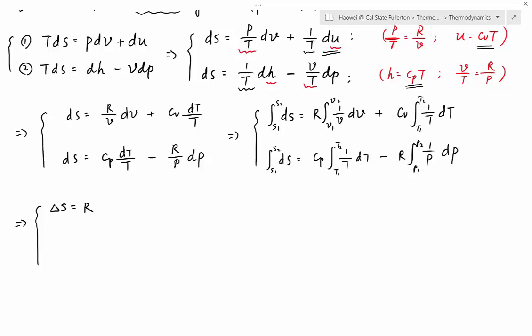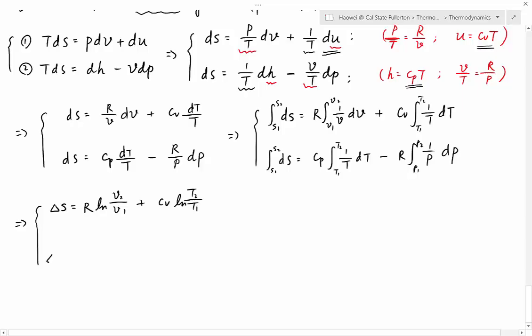Natural log nu from nu1 to nu2, that is natural log nu2 over nu1, plus keep Cv, integral 1 over T dT, that's natural log T, from T1 to T2, so it becomes natural log T2 over T1. So that's Gibbs equation number 1.